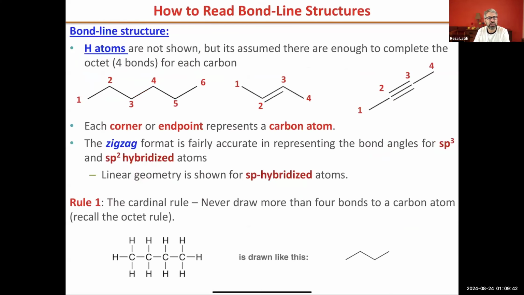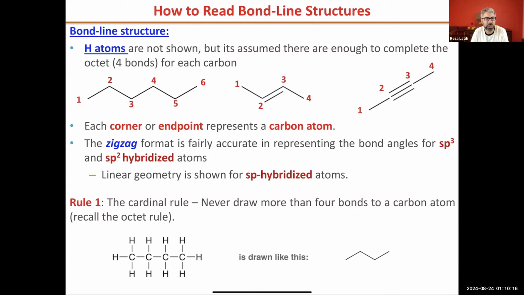For clarity and ease, we ignore the hydrogen atoms attached to carbon, except when a hydrogen atom is attached to a heteroatom. What do I mean by heteroatom? Nitrogen, oxygen, or fluorine. If there is a hydrogen atom attached to them, you have to show it.